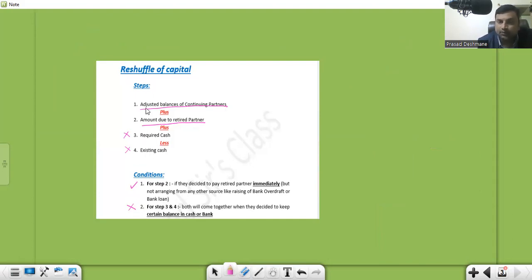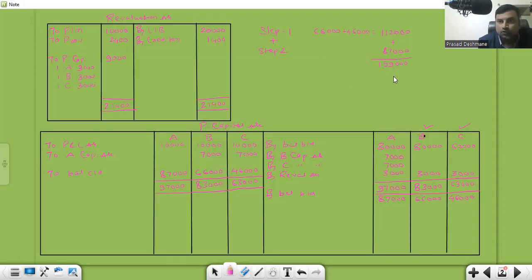I'm just using step 1 and step 2. Correct? So 199 is the new capital balance that I'm going to split between B and C. The new ratio is also not provided, so I'm considering equal. 199 divided by 2 is 99,500 for B and 99,500 for C.